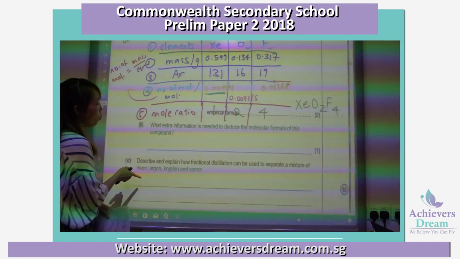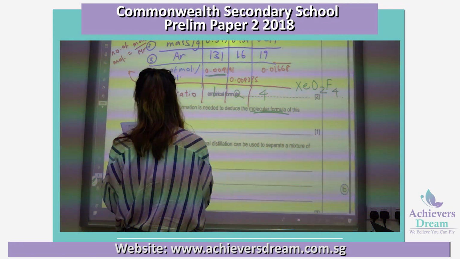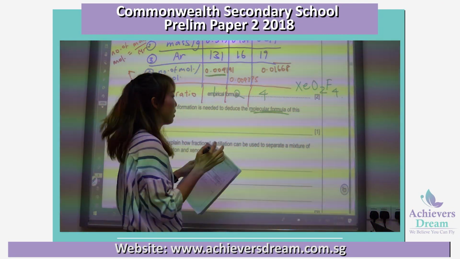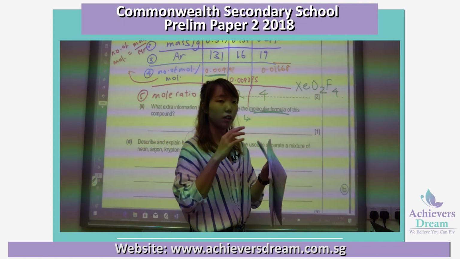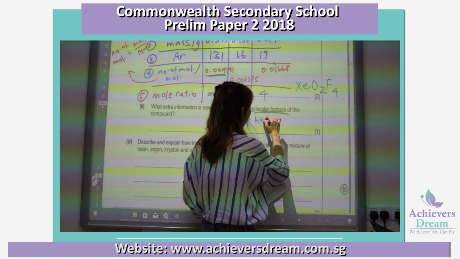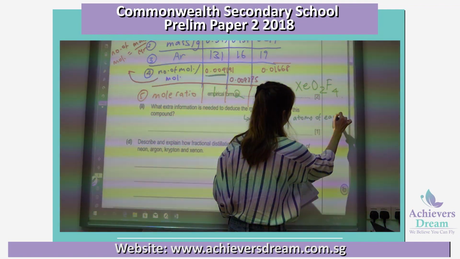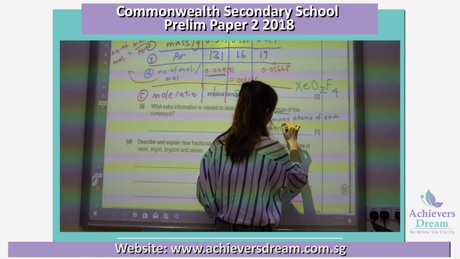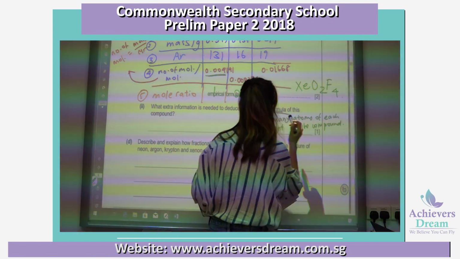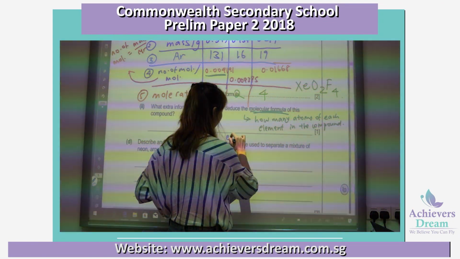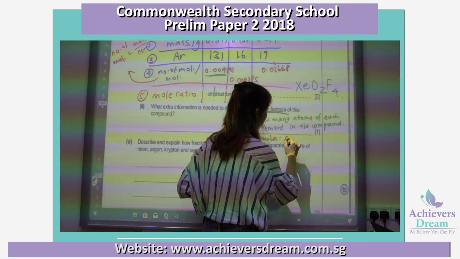Then next, what extra information is required to deduce the molecular formula of this compound? The difference between molecular formula and empirical formula is that your molecular formula is kind of the expanded version of the empirical formula. So it tells you how many atoms of each element there are in the compound, whereas your empirical formula gives you the simplest or the most reduced ratio.